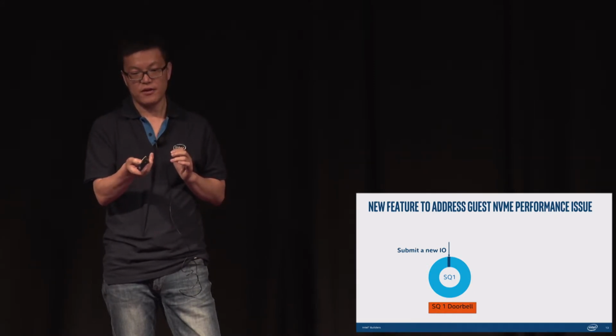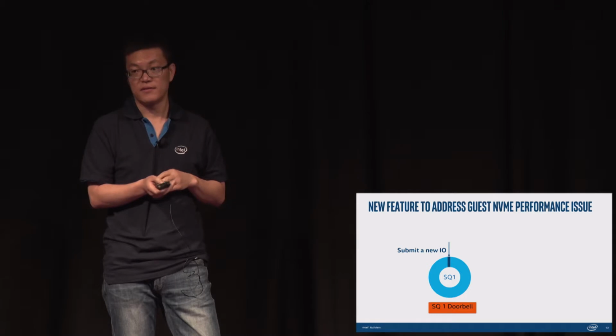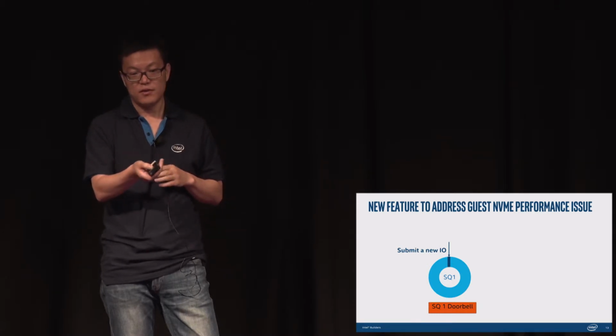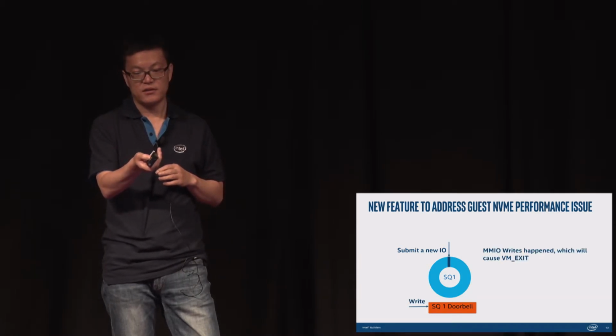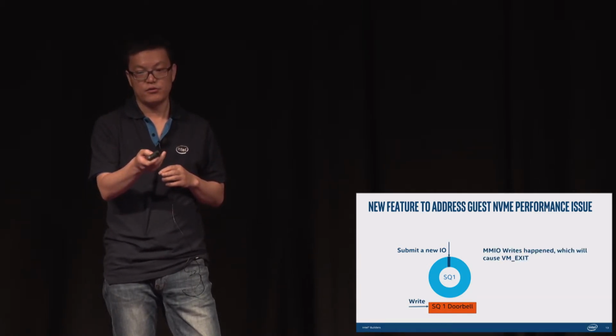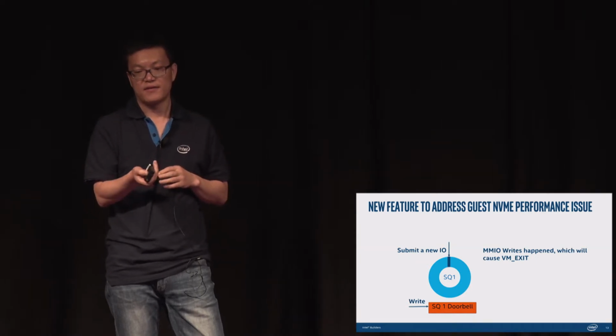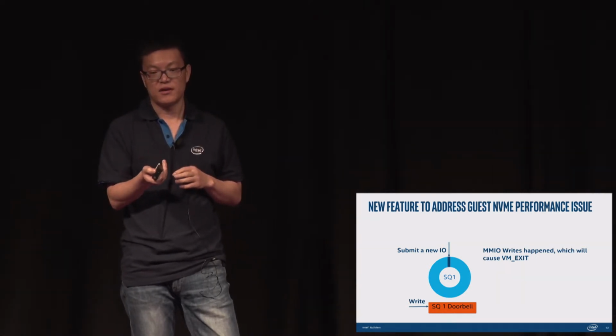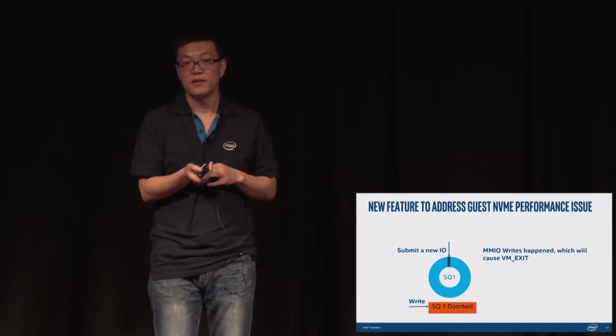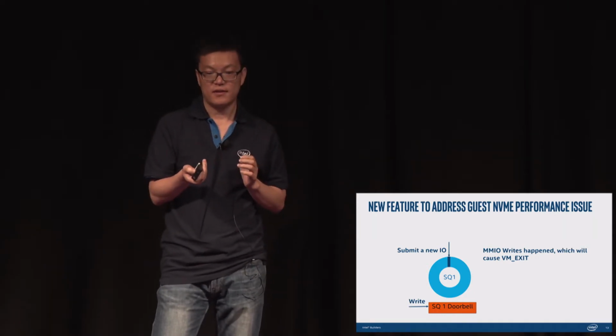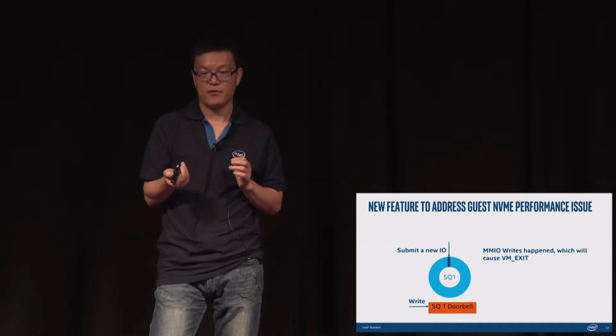For physical NVMe devices, this register is located at the PCI bus base. So when this runs in the guest VM, each write to the doorbell will trigger MMIO writes, which will cause a VM exit event. This VM exit event will impact the performance a lot.